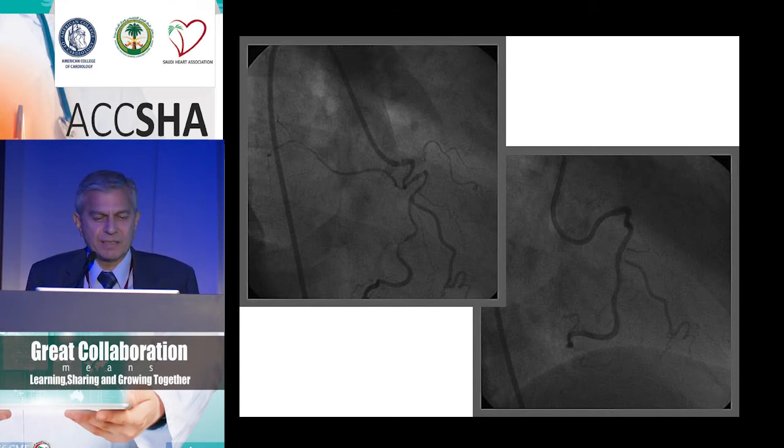I put 5 or 6 stents in it, jailed the most important branch, which is a right ventricular branch, and made it tighter than it was before. So I'm sure I didn't help the lesion, I didn't help the patient, and I put the patient at risk. The patient ended up doing well, but when you look back at things like this, it's not something advisable.